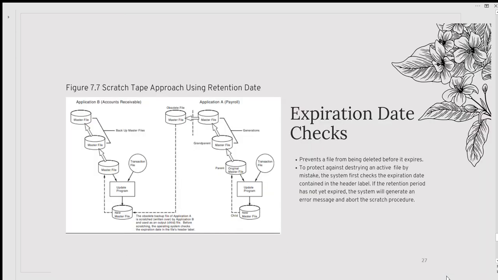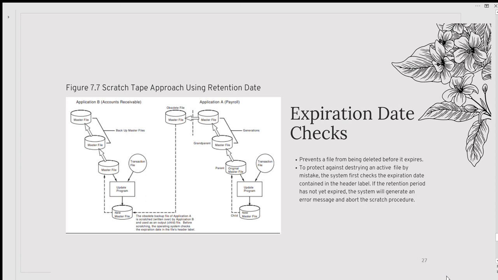Next is expiration dates. Prevents a file from being deleted before it expires. To protect against destroying an active file by mistake, the system first checks the expiration date contained in the header label. If the retention period has not yet expired, the system will generate an error message and abort the scratch procedure. So, yung expiration date check naman, nagpe-prevent siya ng file na ma-delete bago pa siya ma-expire.